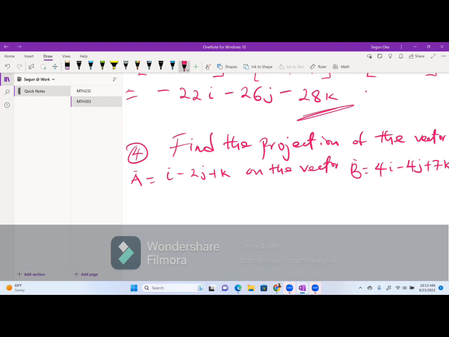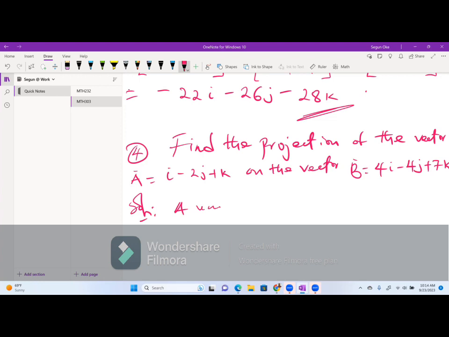So how do we do it? There are two steps to take here. The first step is solution. Let's first of all find a unit vector in the direction of B. Remember, you have to find the projection of the vector A on the vector B. So let's solve it.